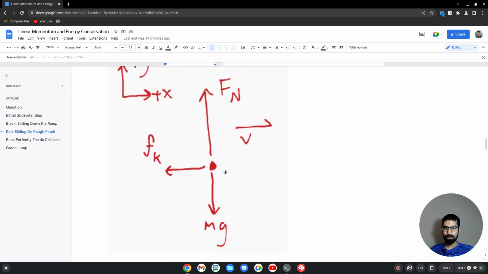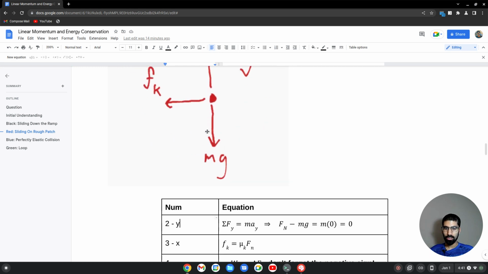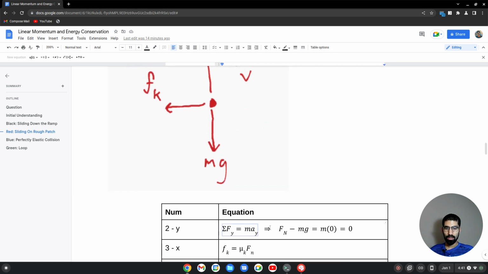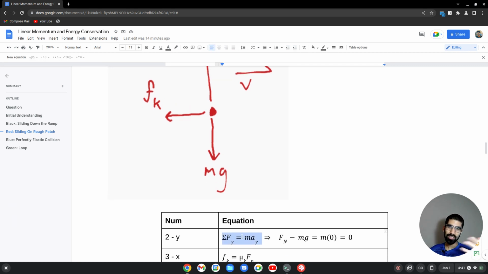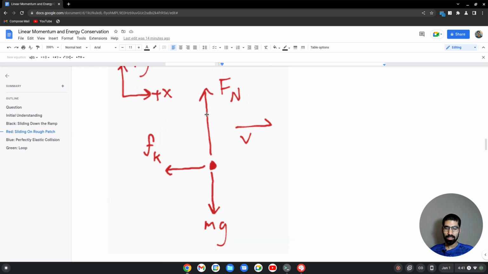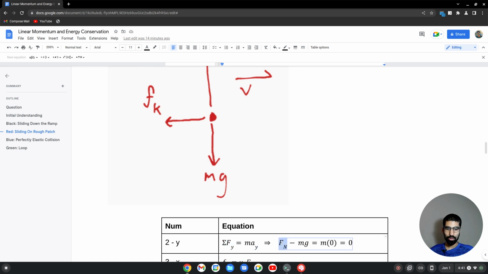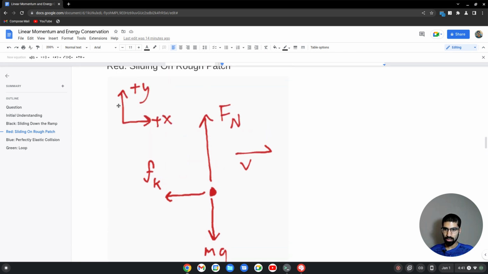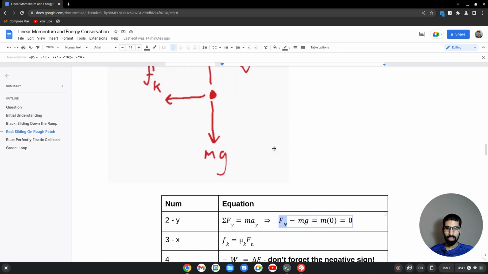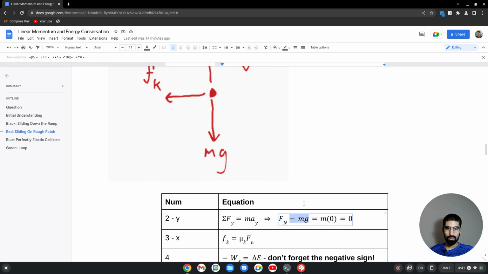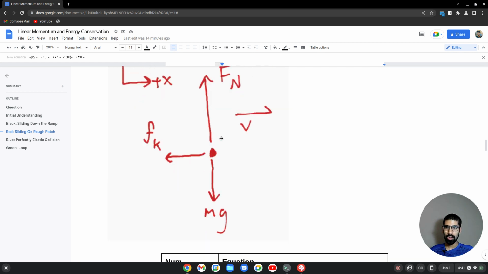On the y-axis first, if we use Newton's second law and sum up the forces on the y-axis, then we have the normal force in the positive direction, we chose this to be positive, and the gravitational force in the negative direction.